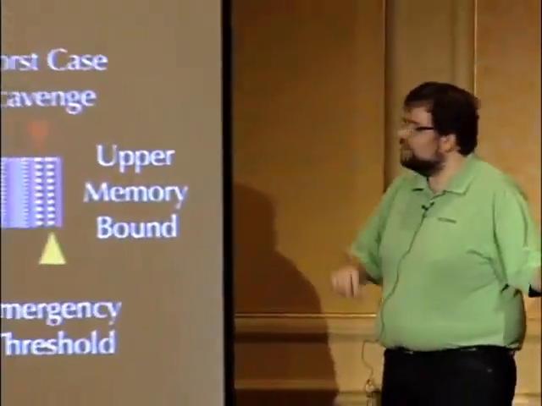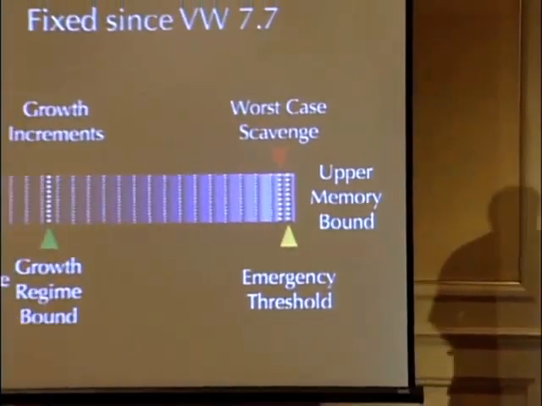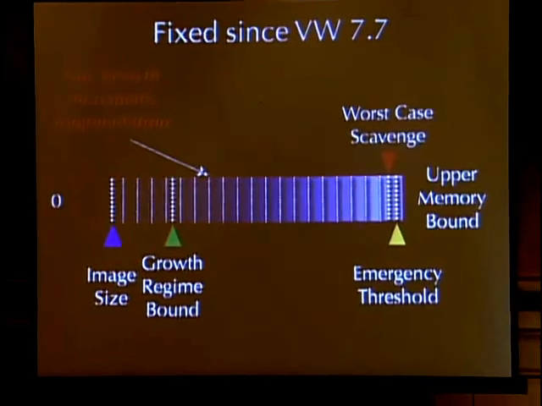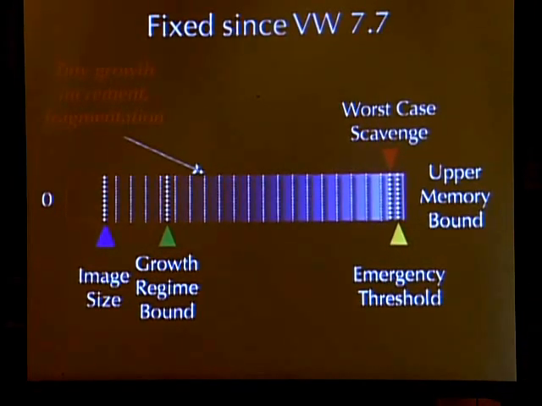Moreover, the growth increments, that's a lot of dots, because the growth increments were 1 megabyte. Great. What does that mean? Well, first we have the fragmentation problem. We had customers that reported that they had about 200 megabytes of free memory, but they could not allocate byte array new 600,000.